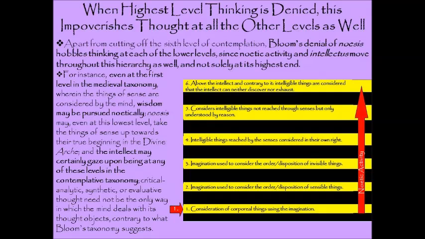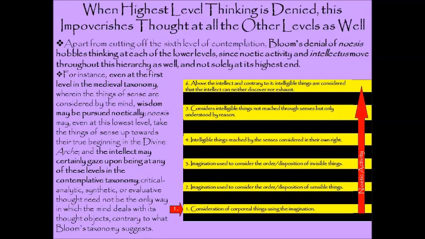Apart from cutting off the sixth level of contemplation, Bloom's denial of noesis hobbles thinking at each of the lower levels, since noetic activity and intellectus move throughout this hierarchy as well, and not solely at the highest end.